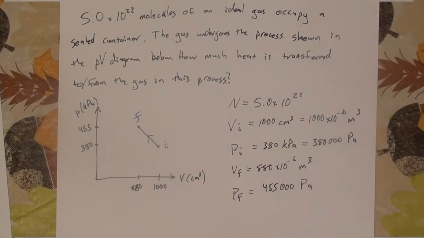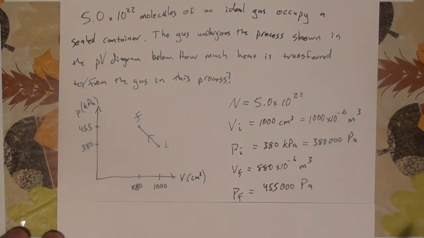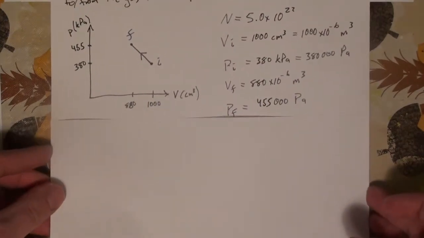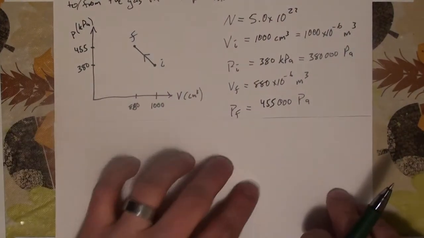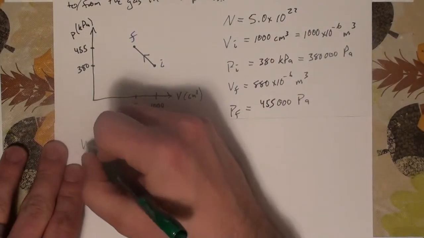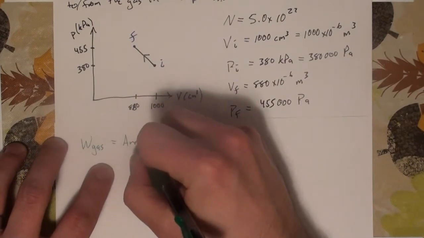So the work done here is simply the area under this curve. And maybe I'll do this on a separate sheet and slide this up slightly. Okay, so the work done by the gas, W gas, is the area.